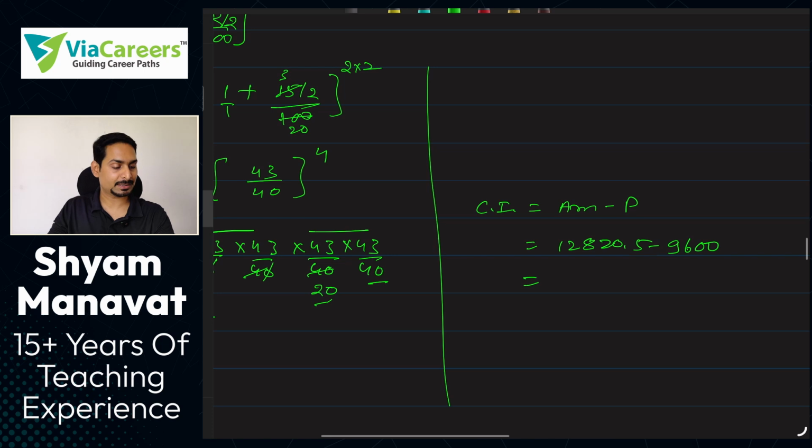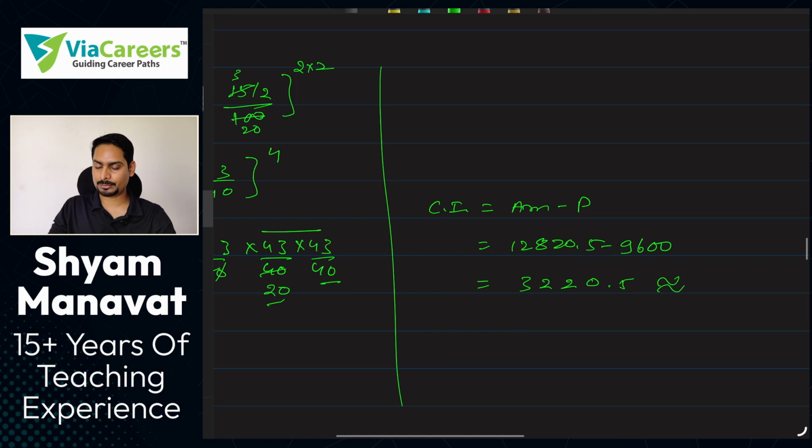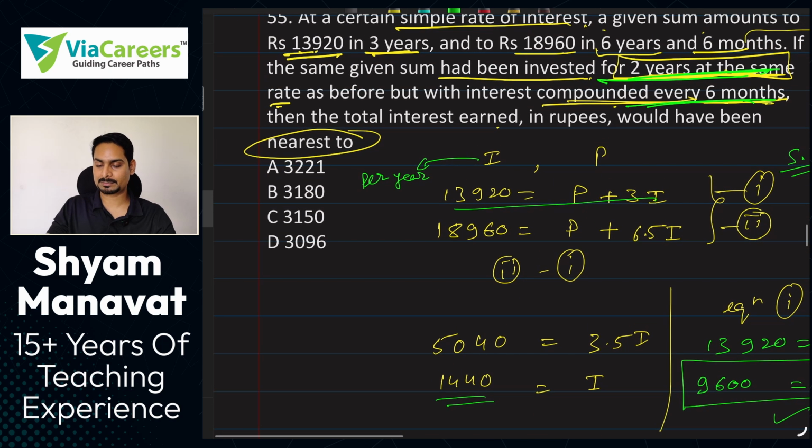What will the difference be? The difference will be something like 3220.5. So approximately, to match with the options you have, the closest one is 3221. So this is the nearest one, as the question said to find the nearest. So option A should be the answer. Right? I hope you understood this. Let's have the next question.